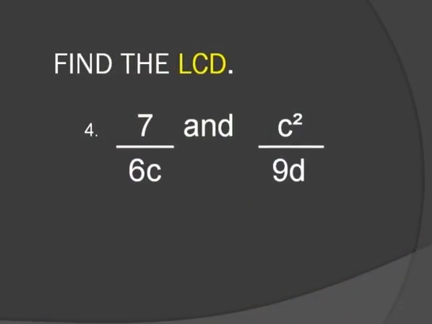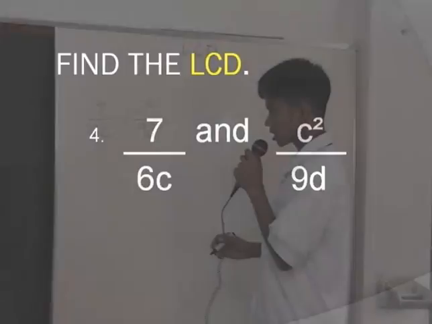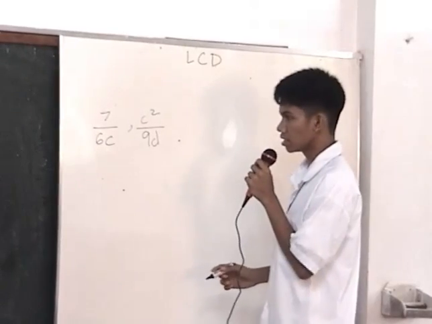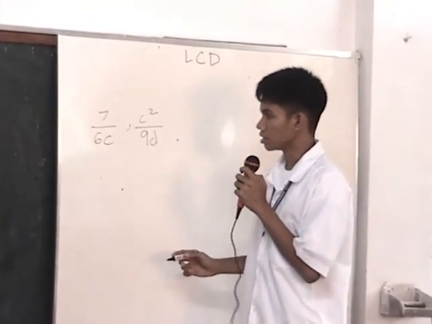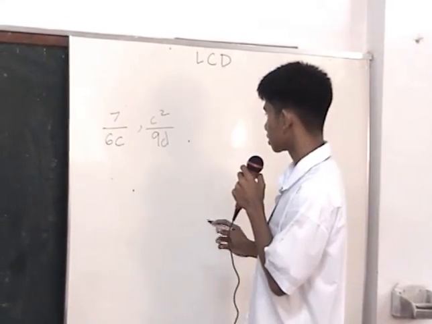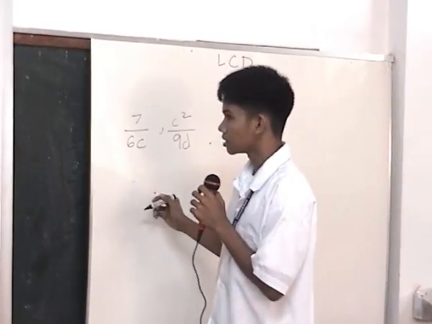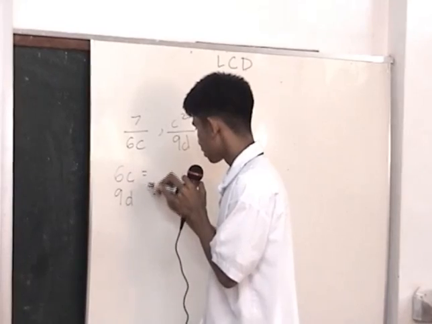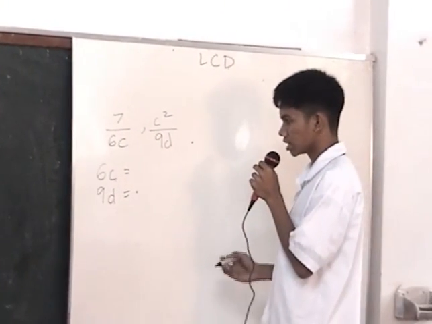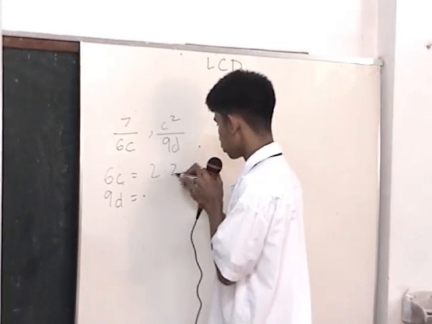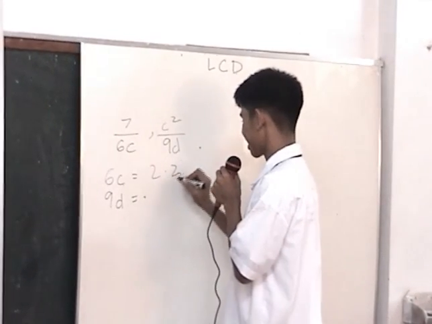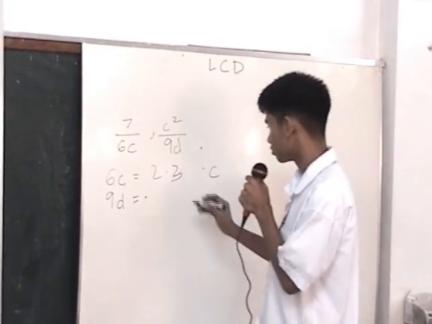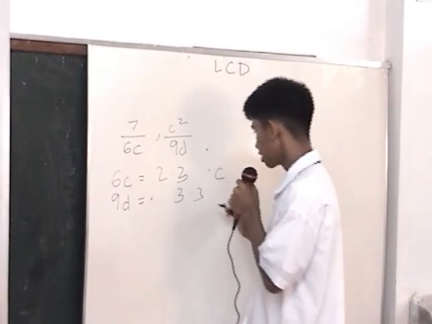How about the last one, Miss Terminero? To get the LCD of 7 over 6c and c squared over 9d, we must use prime factorization. We must use both denominators of the expressions, 6c and 9d. The prime factors of 6c are 2 times 3 times c. And the factors of 9d are 3 times 3 times d.